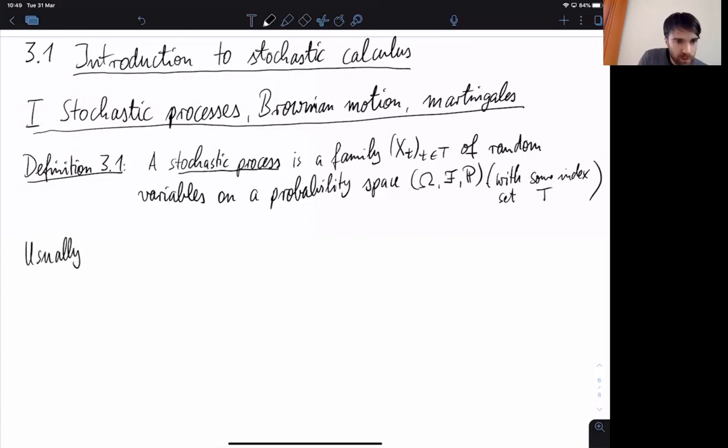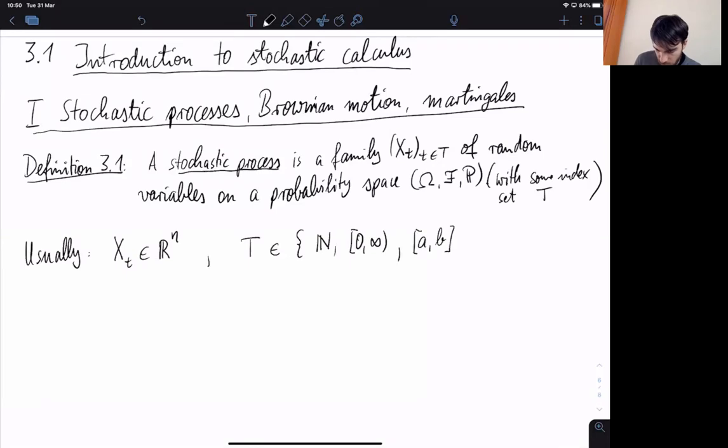Usually I have that the X_t has values in R^n, and the T is one of the following: either the natural numbers, the positive integers, the positive half line, or an interval. So these are the most common things.